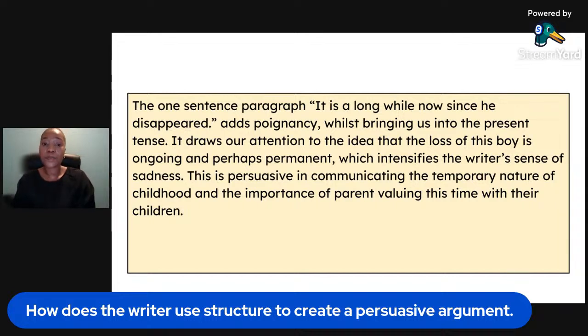Okay, because before it was past tense. He wore this, and what he looked like. It was describing what he looked like. But then by bringing it into the present tense, it emphasizes that he is still lost. He is still not present. So it really intensifies that emotion because it's taking it from past to present.